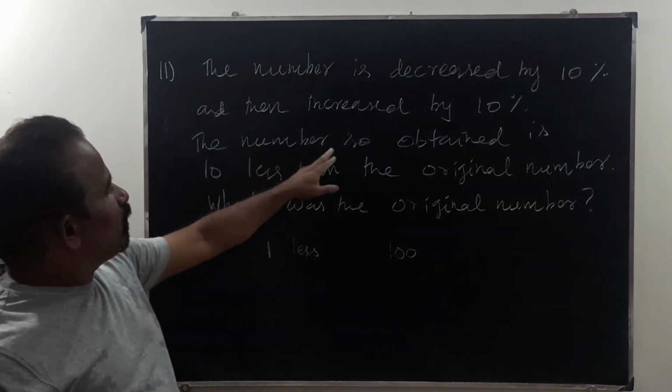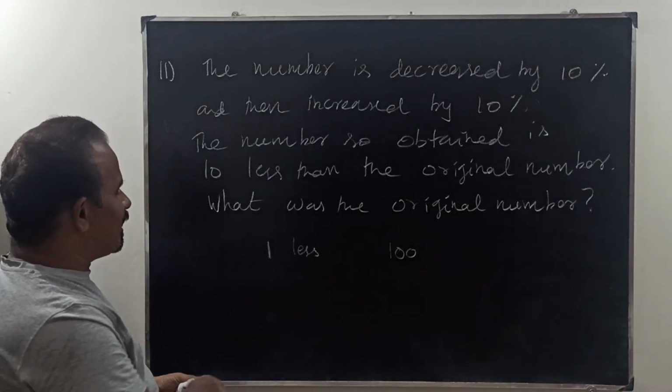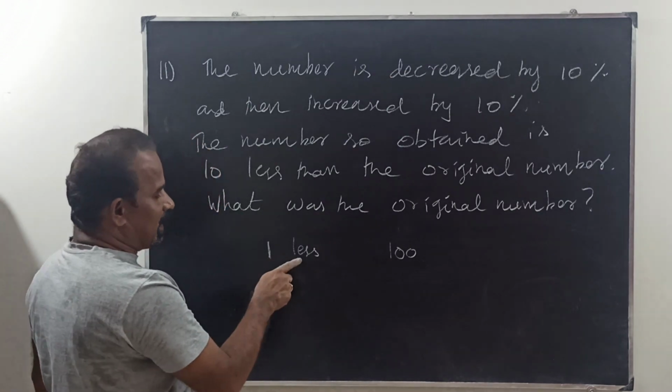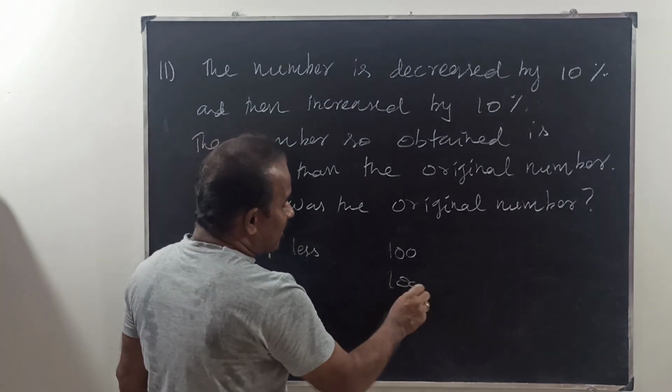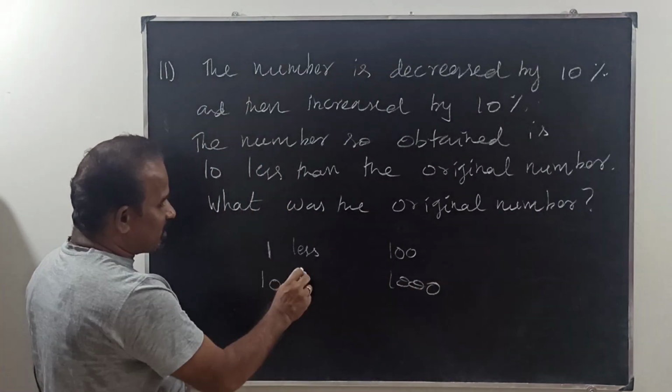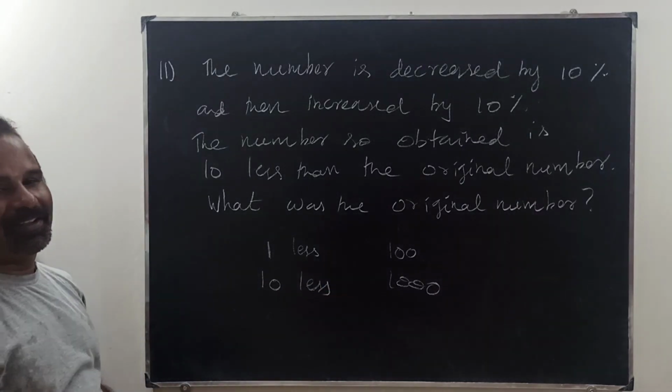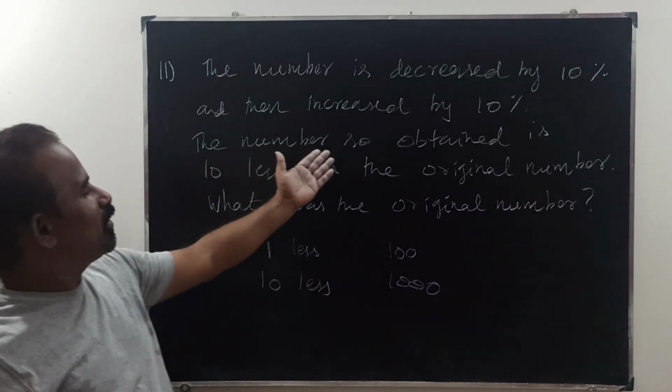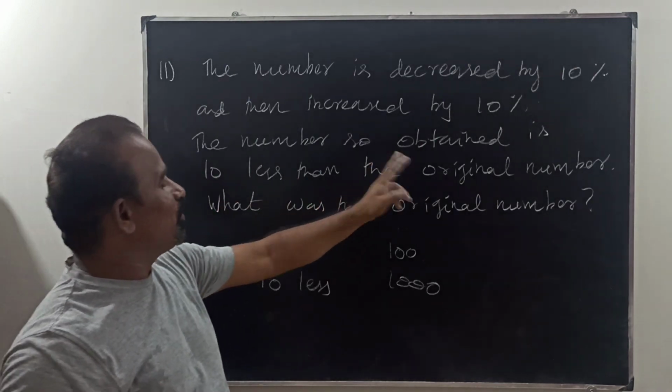So the number so obtained is 10 less. If it is 100, 1 less. If it is 1000, definitely how much less? 10 less. Very simple. So the number so obtained is 10 less than the original number.